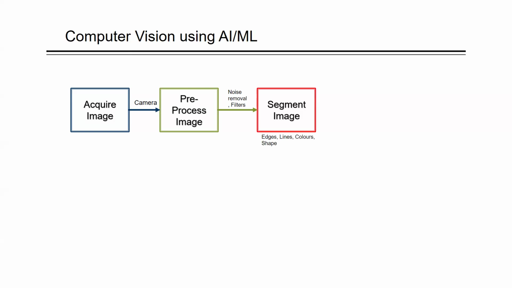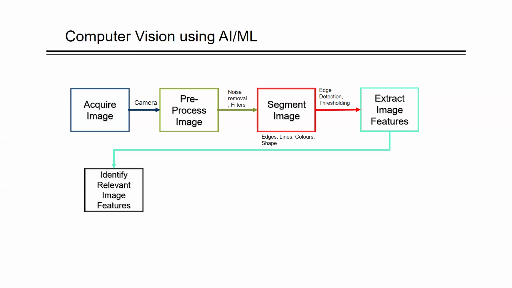Then after that, you segment the image, using edge detection, thresholding, color-based segmentation, and so on. And then you extract the features of the image, identifying the relevant image features. These relevant features should be suitable to feed into the AI or machine learning model.